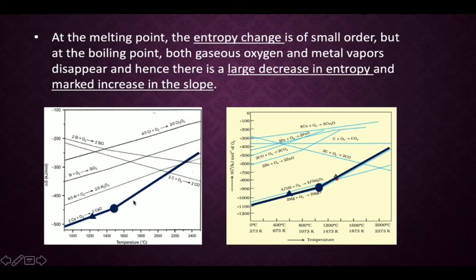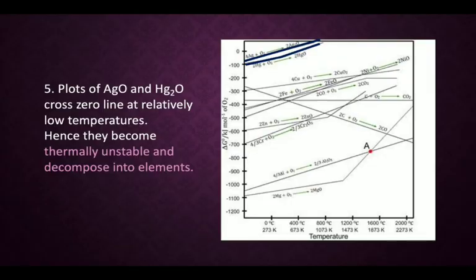Because of this sudden increase, we can see that there is a sudden change in the slope for calcium oxide and for magnesium oxide. So these are the examples in which there is a sudden change in the slope because of liquefaction, as well as because of the boiling point, that is because the liquid is getting converted into the gaseous form.